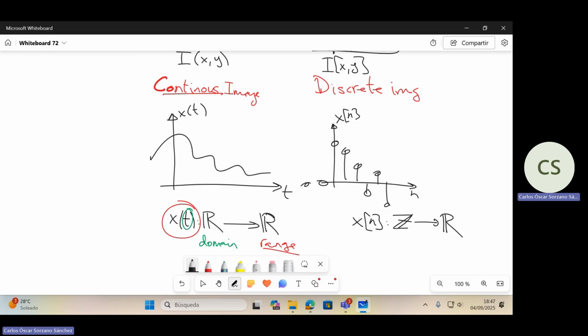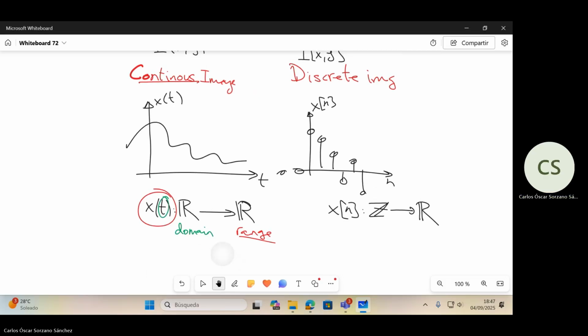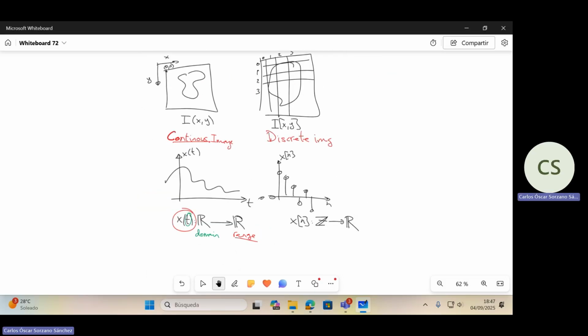So when you say discrete, okay, I did it wrong: discrete or continuous refers to the domain. So let's make it like this.